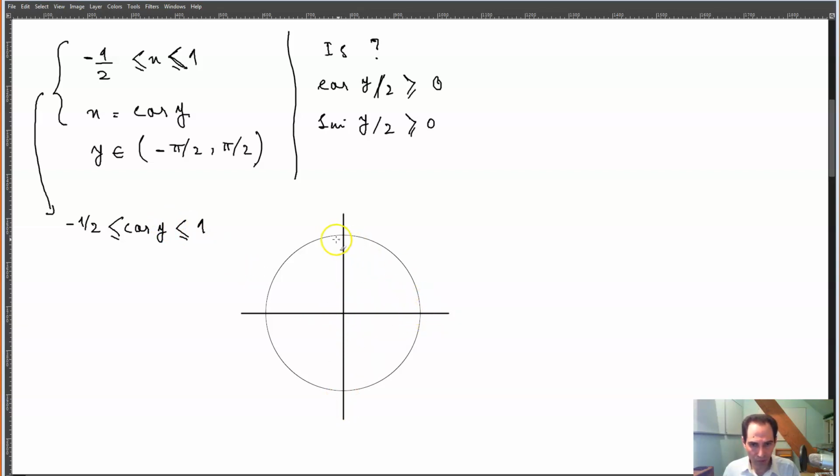So that means that all of these angles between 0 to pi by 2 and 0 to negative pi by 2, they all satisfy this equation.